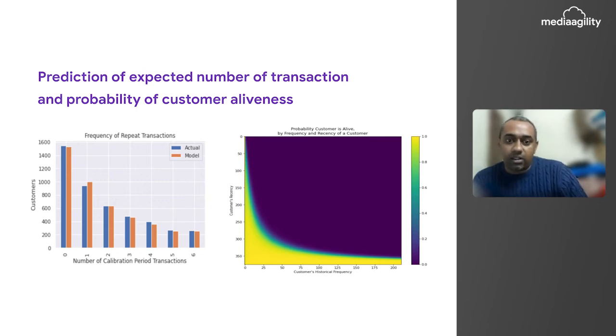But on the right-hand side, we are looking at two colors. The yellowish color is the region of those customers which are actually alive, and we can say they are very active on our system. The ones in the darker shade are the ones which are on a sleeping mode, where we want to bring them and move them to the yellow part. But there's a band in between where these are the people who oscillate between, let's say, different platforms.